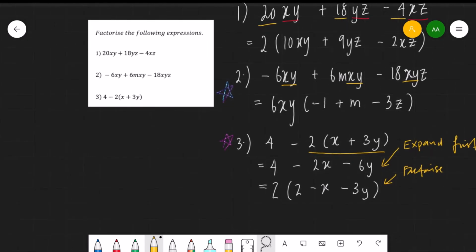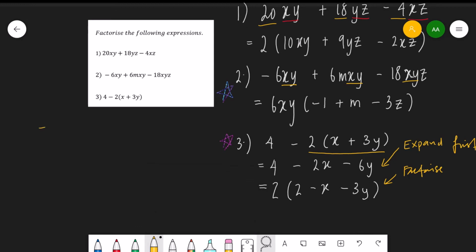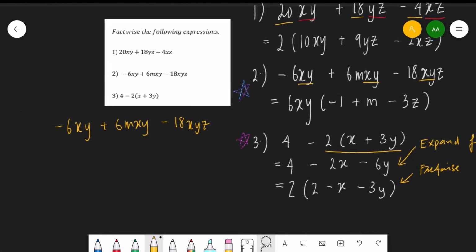All right, we are done with these three examples, but let's go back to example number 2. Let us just write this down. We have negative 6xy plus 6mxy minus 18xyz. So why is it important? Let's say we have already established that 6xy is a common factor.